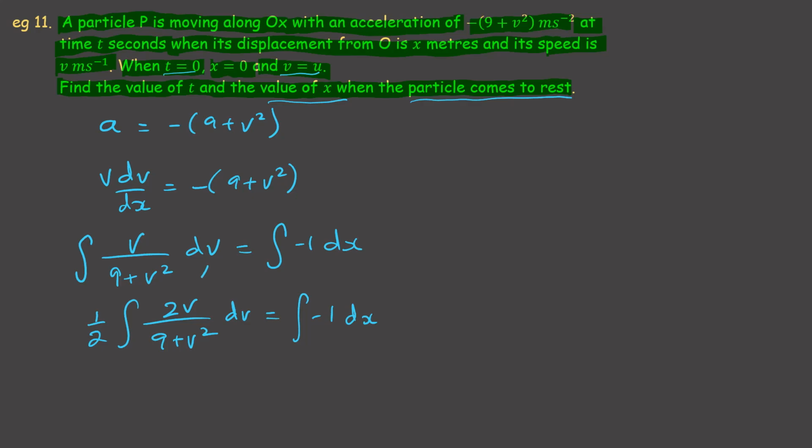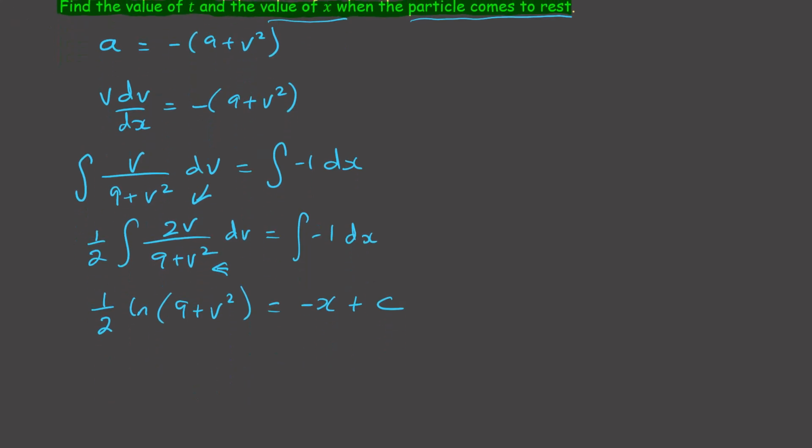And then we have the situation where the numerator is the differential of the denominator, and so what we're going to have is a half ln 9 plus v squared is equal to negative x plus a constant. Now we know that v is equal to u when x is equal to 0.